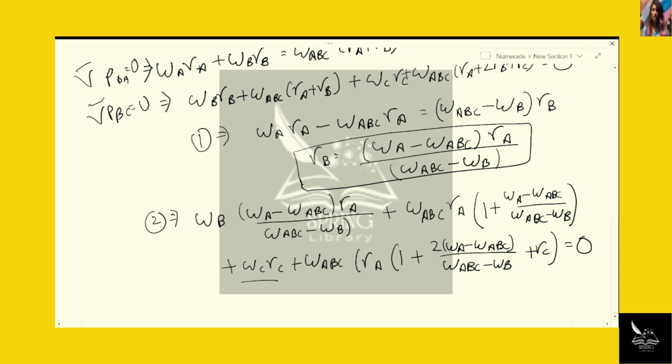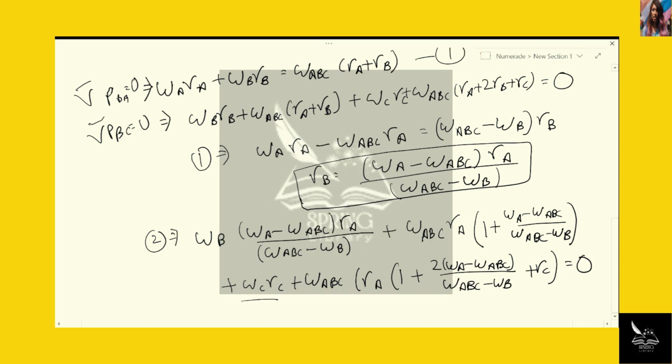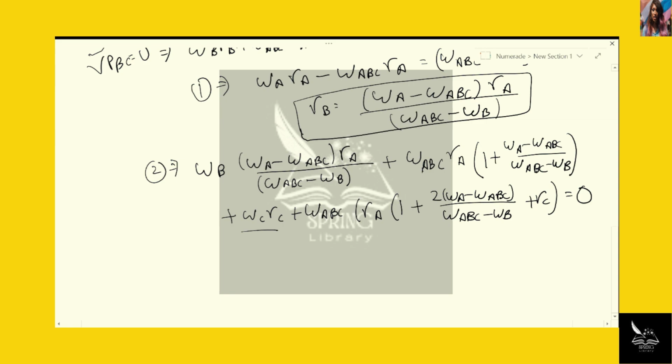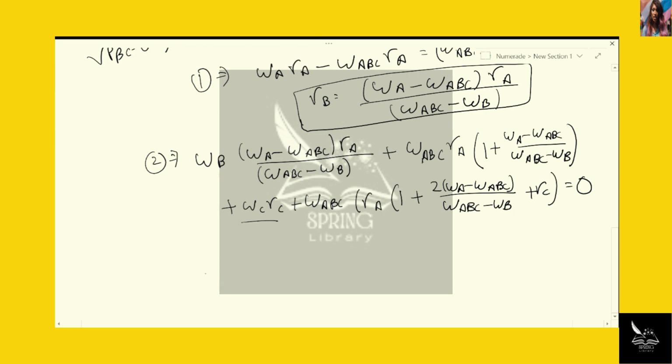Just making sure everything is correct. Yes, I think everything is correct. Okay, so then omega C is 1 over RC, and then everything comes to the left.